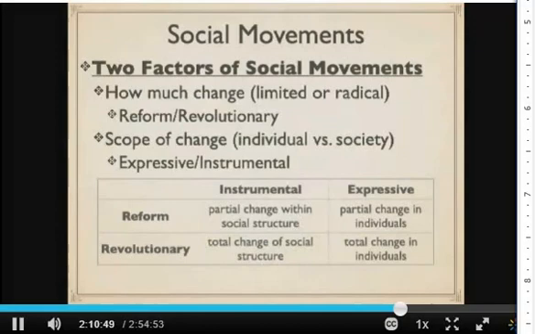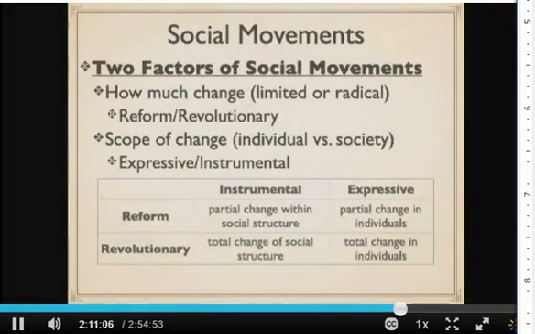Does that make sense? The bottom row, revolutionary and instrumental. So revolutionary change means total change. It means a revision of how the society is working, and in this case, at the structural level.